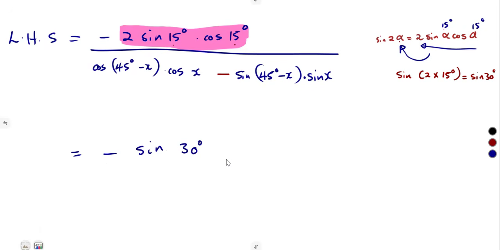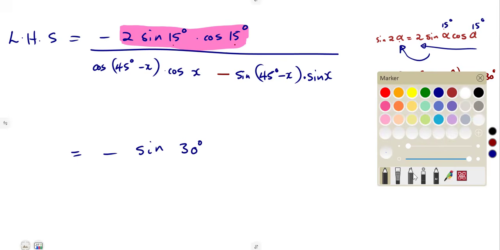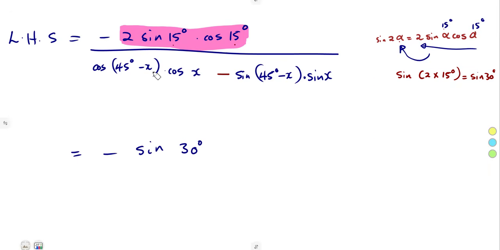Also, they tried to confuse us in the denominator, from which identity? Look at what is happening: cos 45 minus x, sine 45 minus x. It is telling us that this represents one angle.